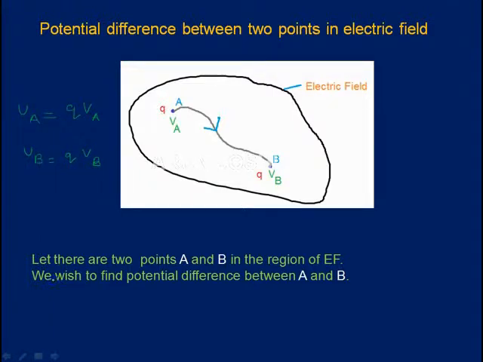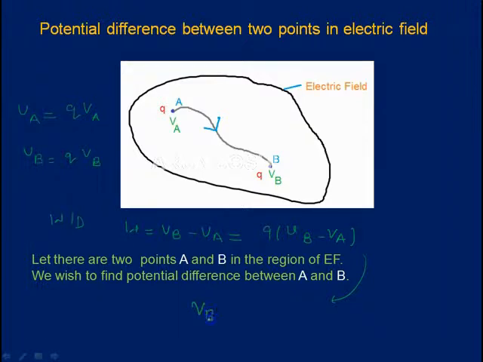Now, if I ask you to calculate the work done in shifting the charge from point A to point B, you will say the external work done is the final interaction energy minus the initial interaction energy, and you will calculate it will be Q into (VB minus VA). VB minus VA is the potential difference between point B and A. So what is VB minus VA?